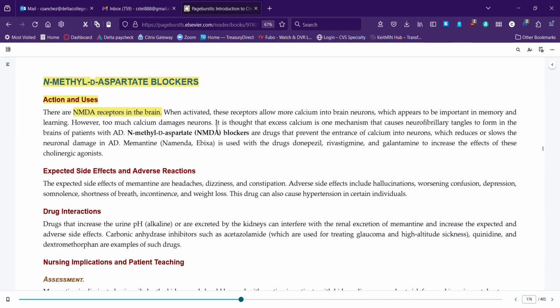When these receptors are activated, they allow more calcium into the brain neurons, which appears to be important in memory and learning. However, too much calcium damages the neurons. So it's thought that the excess calcium is one mechanism that causes neurofibrillary tangles to form in the brain of the patient with AD.